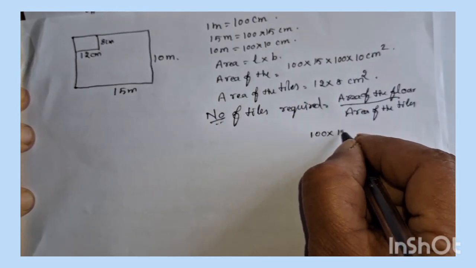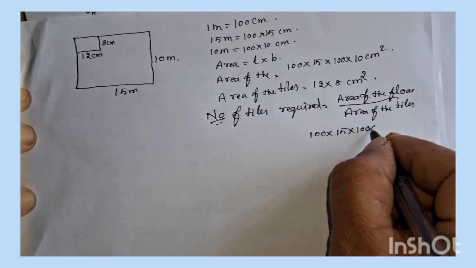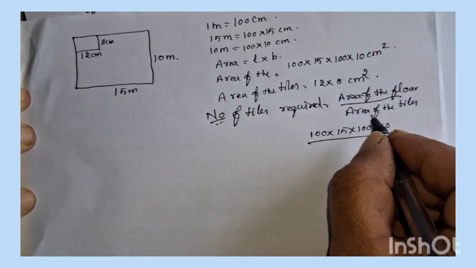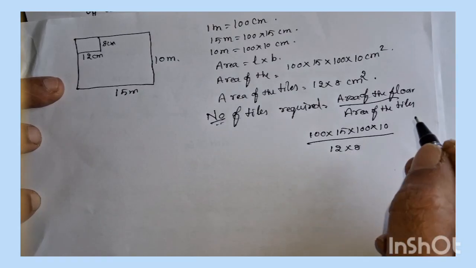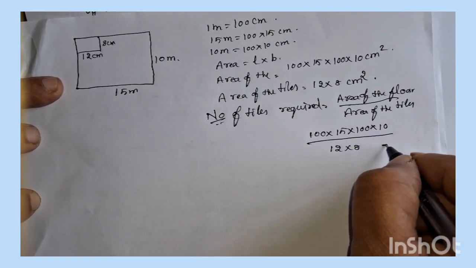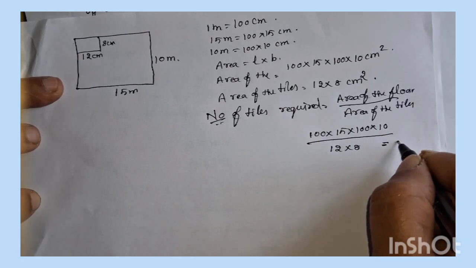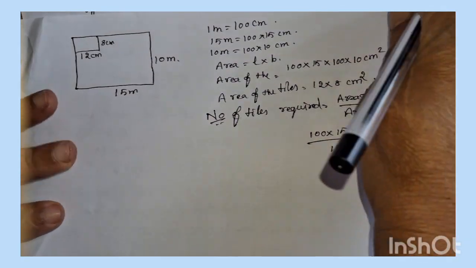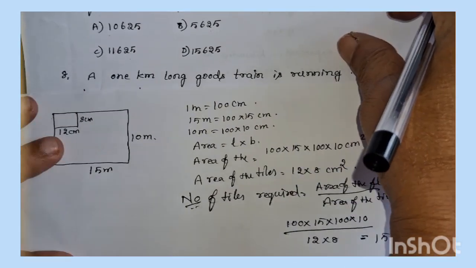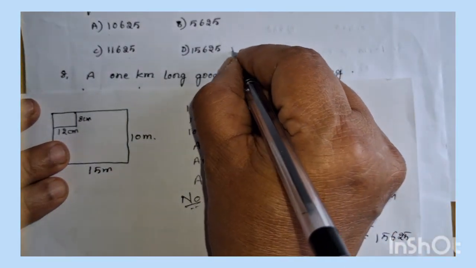Hundred multiplied by 15 multiplied by 100 multiplied by 10 square centimeters upon 12 multiplied by 8 square centimeters. On simplification, it is 15,625. So the correct option is D, 15,625. That is the number of the tiles required.